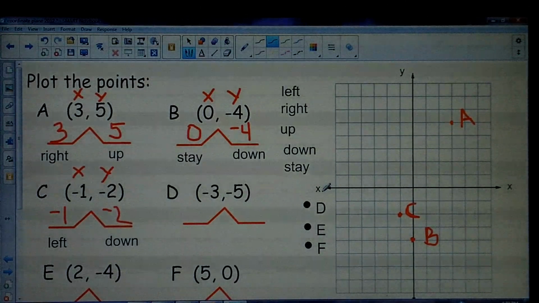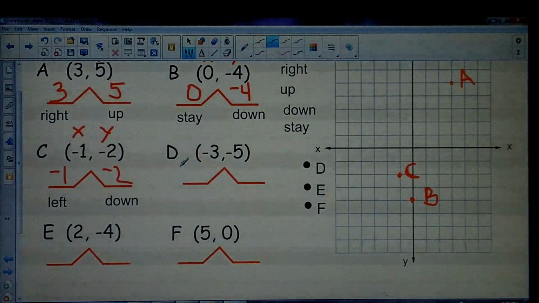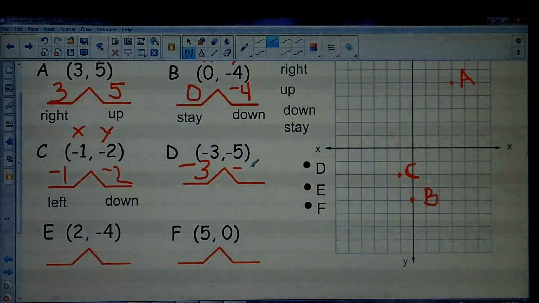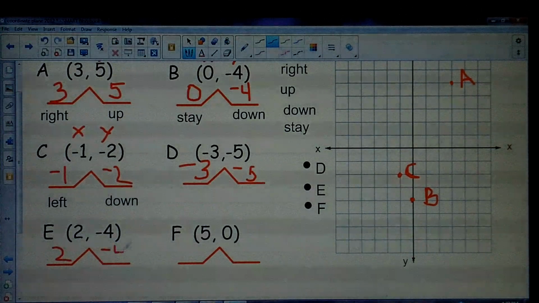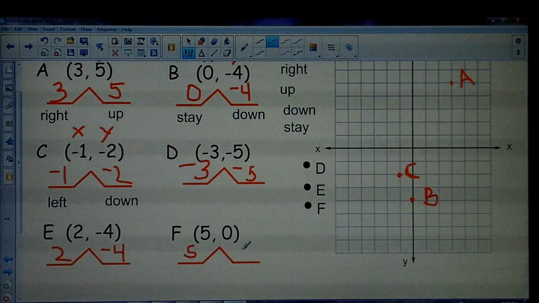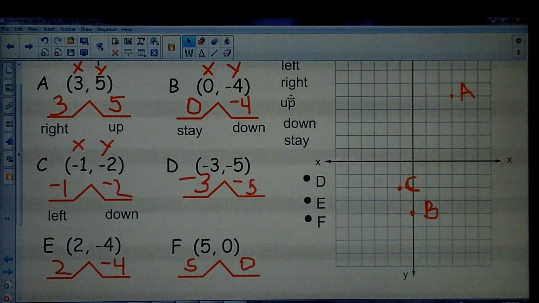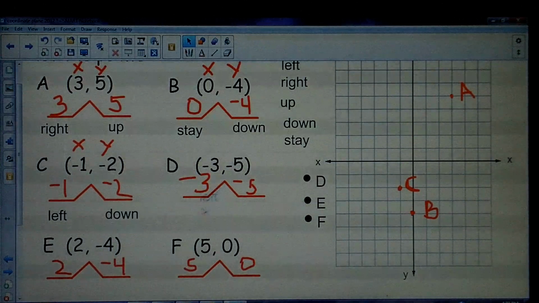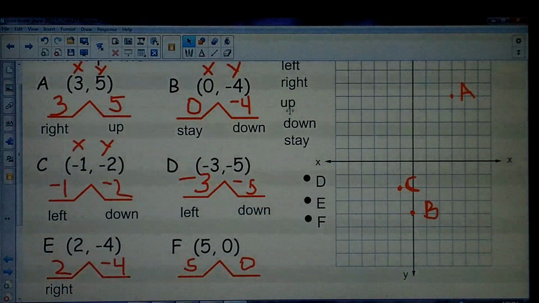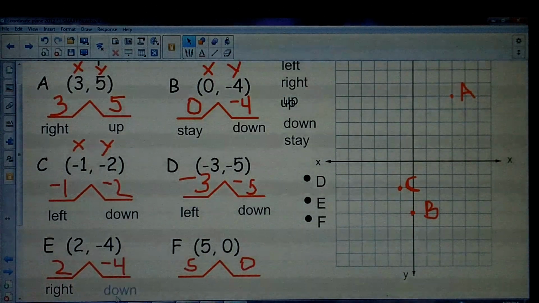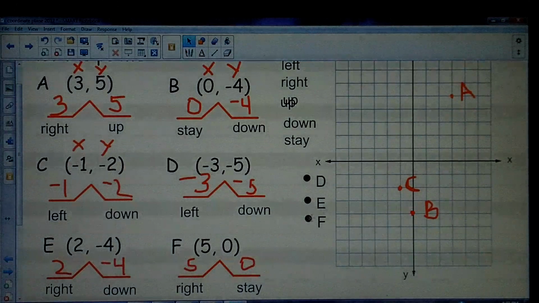Now pause the video, and I would like for you to plot points D, E, and F. Okay, hopefully you've done that.